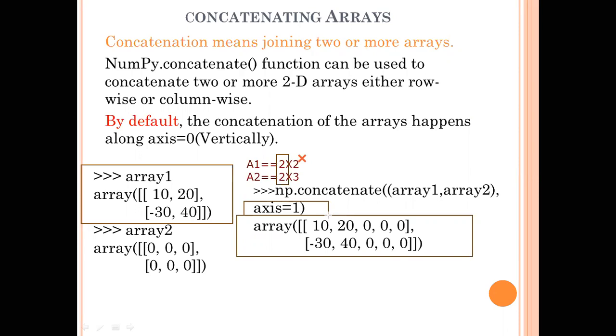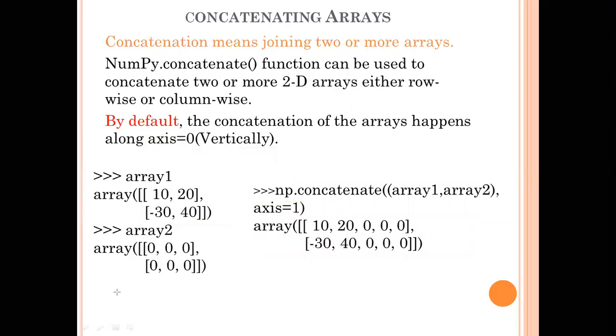By default, it is axis equals to 0, which means vertically, so there is no need to define the axis. If we want horizontal, then we have to put axis equals to 1. This is one method.